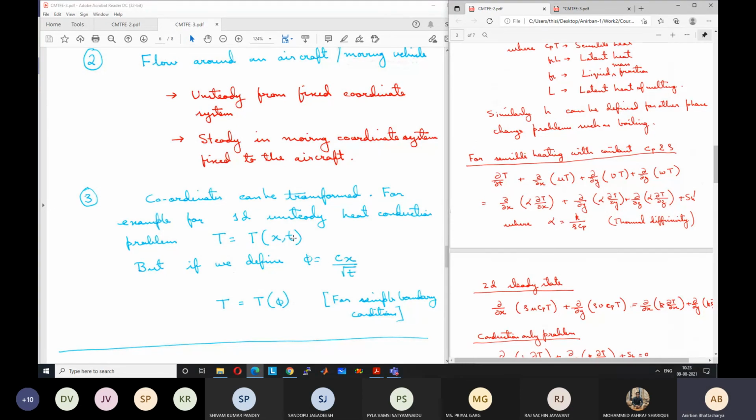But if we define a variable phi, where phi is given as c x by root t, okay. Then if you reformulate the problem, you will see that T becomes just a function of phi. Why does it become a function of phi? Because the variation of T is such that the variation along x by root t remains similar in nature.